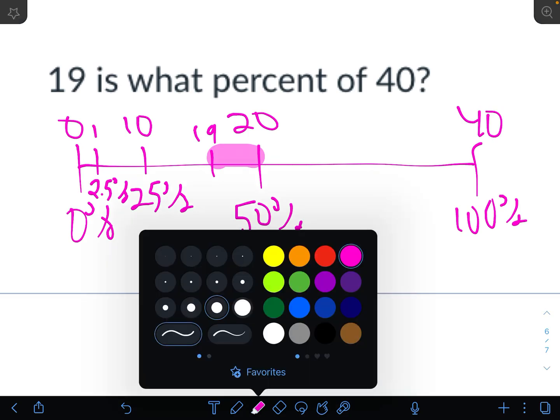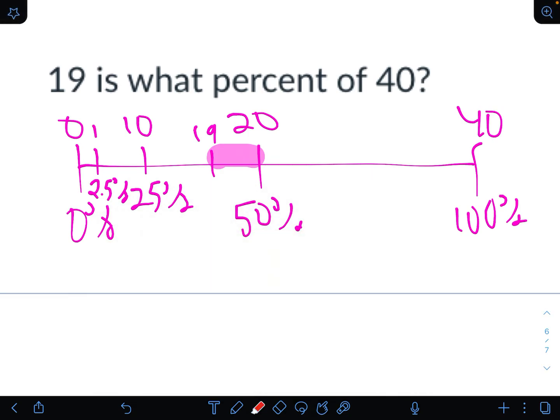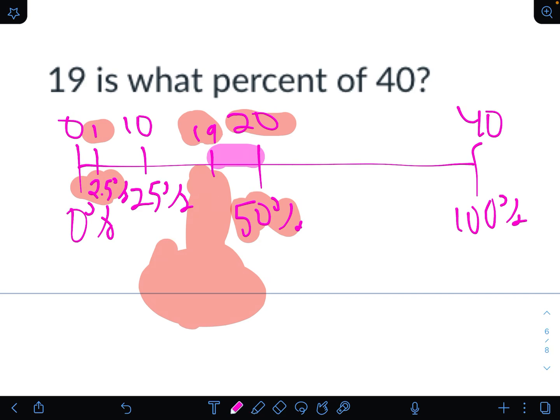So 20 minus 1 gives you 19. So 50 minus 2.5 will give you this answer, which is 47.5%. How cool is that?